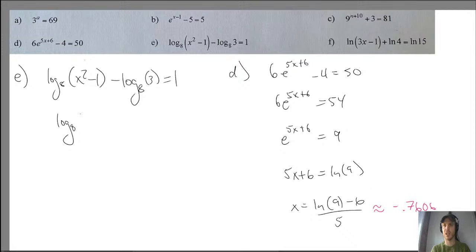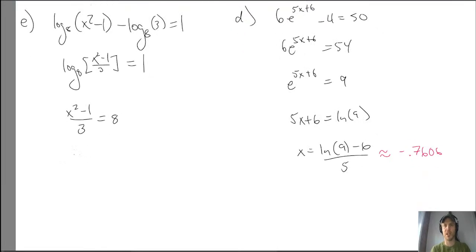So log base 8 of x squared minus 1 over 3 equals 1. We could exponentiate it, so put both sides in the exponent of 8. So this cancels, you get x squared minus 1 over 3 equals 8 to the 1, which is just 8.